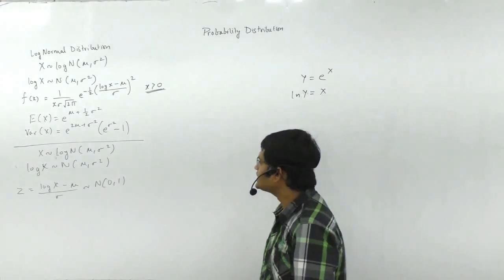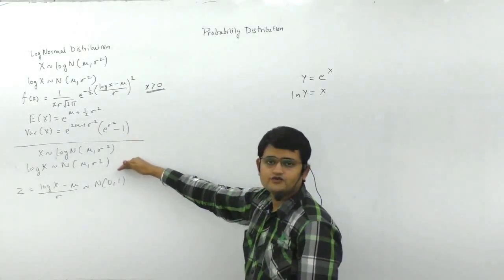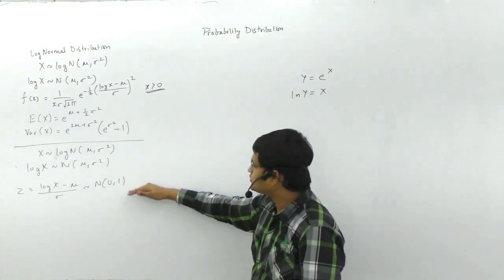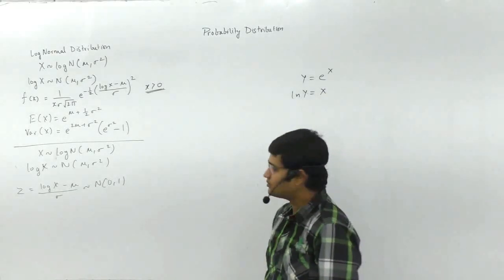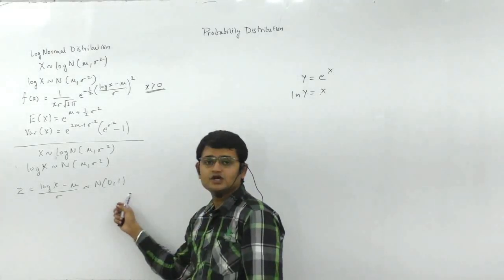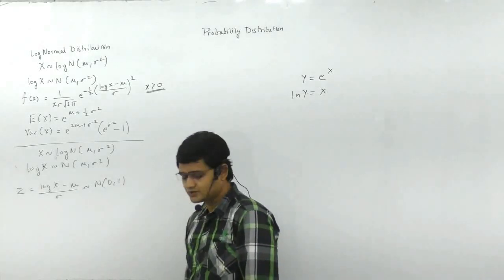So this is how we'll convert our log normal into normal, and then from normal to standard normal, and then we'll find probabilities for standard normal distribution.